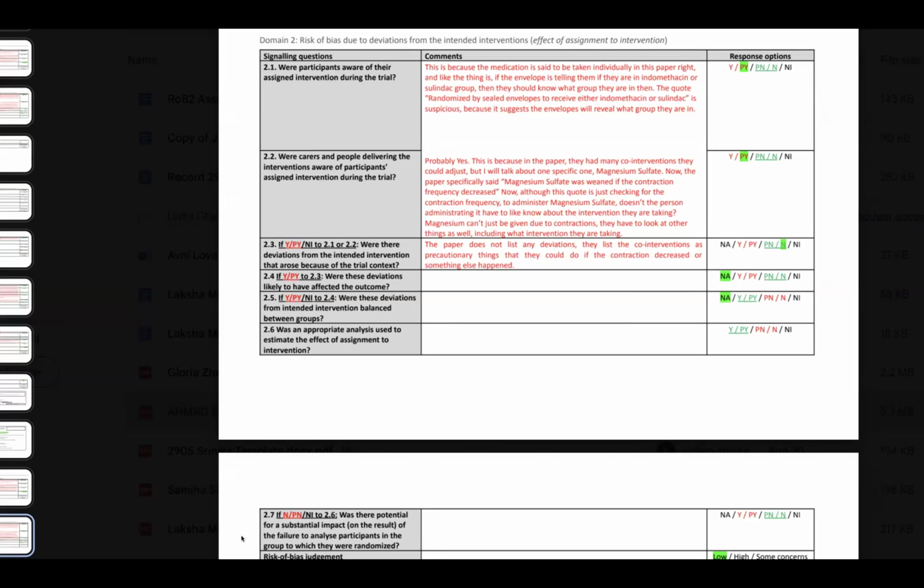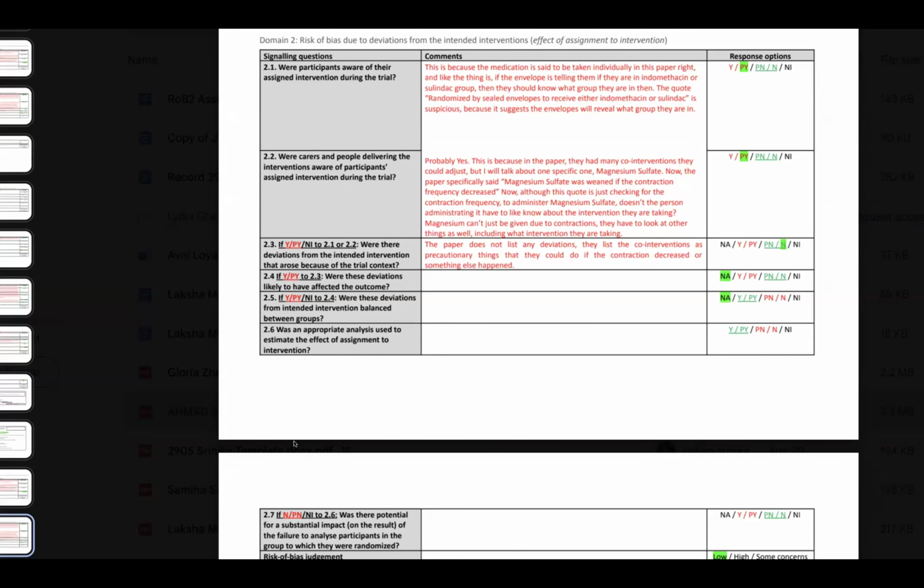From what I remember, we have the same reasoning, except we just picked NI as a response instead of N, or probably no. Okay. What are we agreeing with for this signaling question? NI. I think we agree with the reasoning, but not with his selection for response options. Yeah. And he will watch this and he will learn from it.